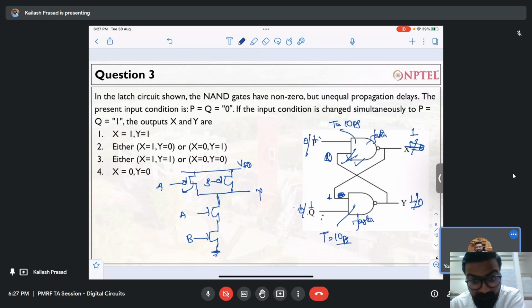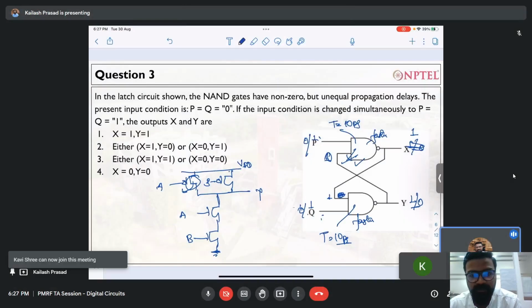Please note that this is not possible, and because of that, it may happen that the transistor of one of the gates is faster and for the other gate it is slower, and because of that, there is a discrepancy in the delay of both the gates.